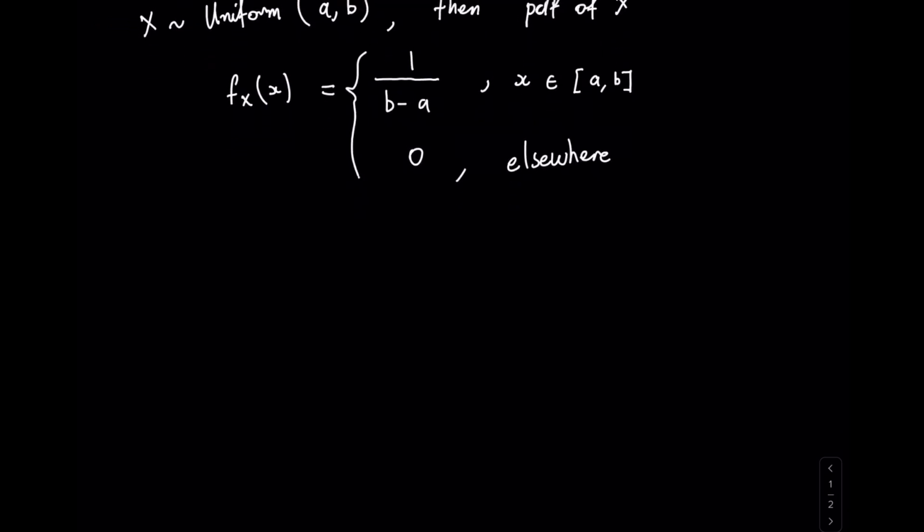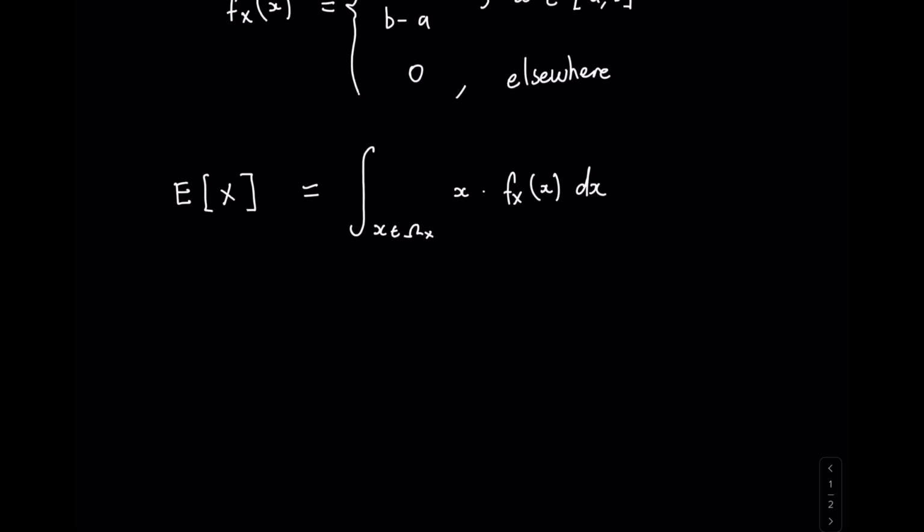So the expected value of x, we define that as, in this case, it is a continuous distribution, so we need to use the integral definition. So it becomes the integral over the sample space of x, of x multiplied by the probability density function, integrated with respect to x.